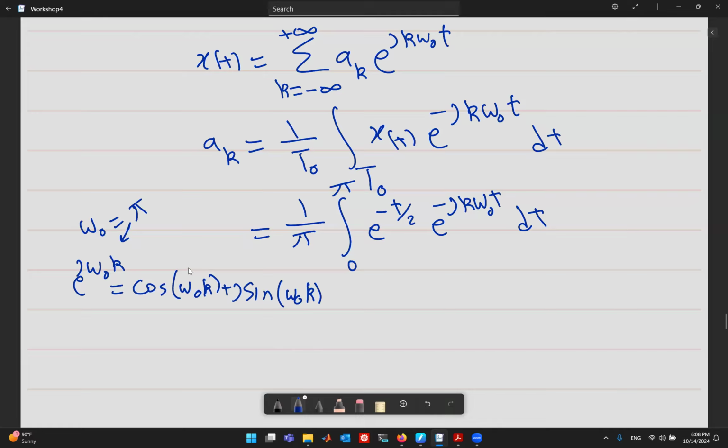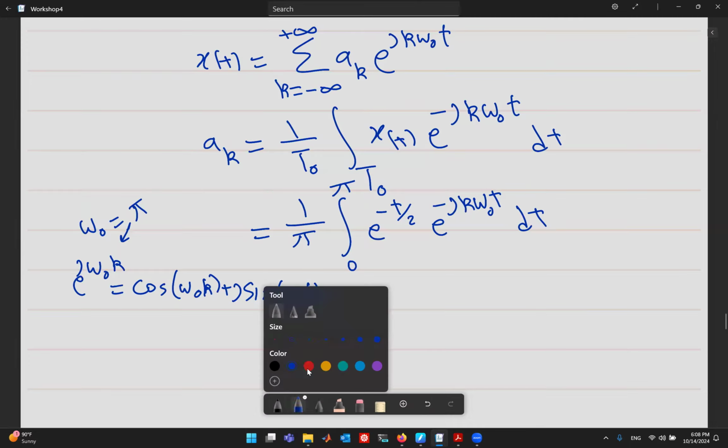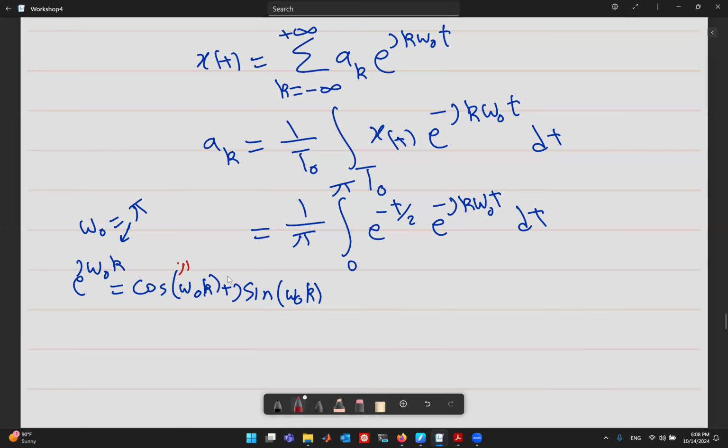Now, if we put omega naught equals pi here, we will be able to simplify this term, because cosine at pi is minus 1, and then at 2 pi is plus 1. But the sine is always 0.